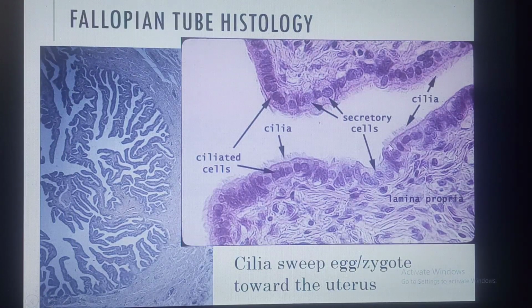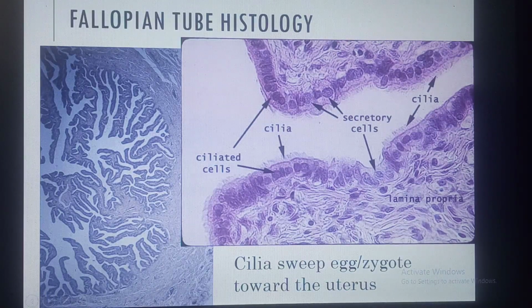So as I told you, with the help of the cilia, it will actually move the ovulated oocytes towards the uterine area. So it tells you that from the infundibular part through to the ampulla part, there will be a lot of cilia, an increase in cilia in that regard. But after implantation, the pre-implantation embryo will have to be nourished.